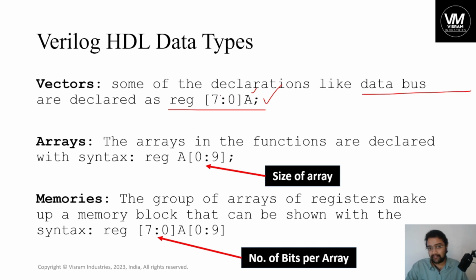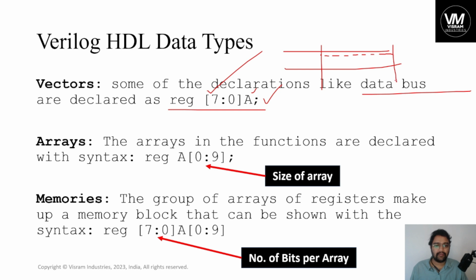Whenever we say data bus, we should specify the size of the data bus. A data bus is nothing but a wire with 8 bits. It can transmit 8 bits at a time. So 8 bits means 1, 2, 3, 4, 5, 6, 7, 8. So here we have one 8-bit bus.